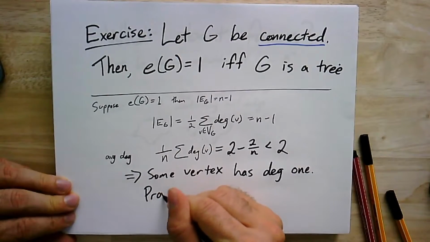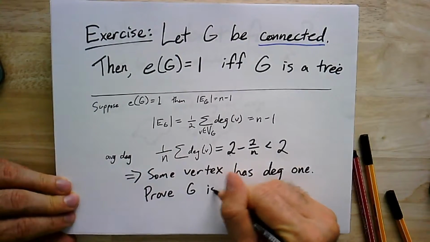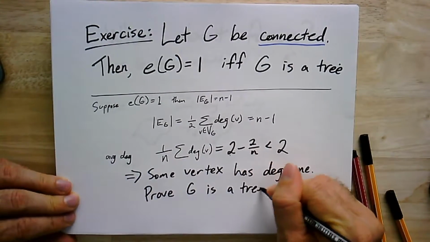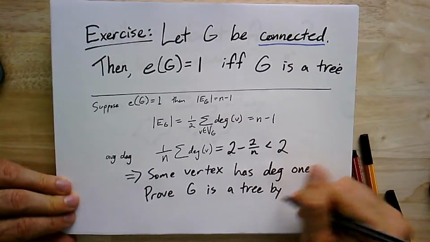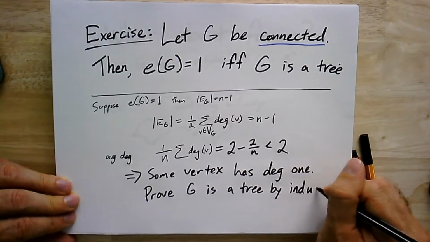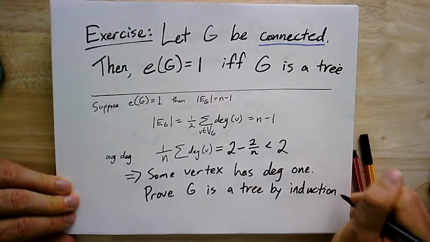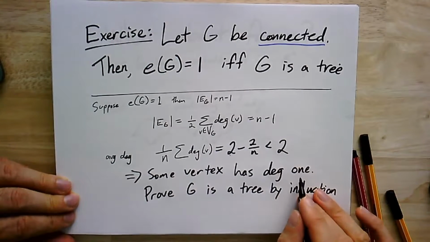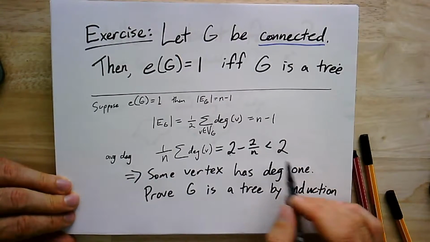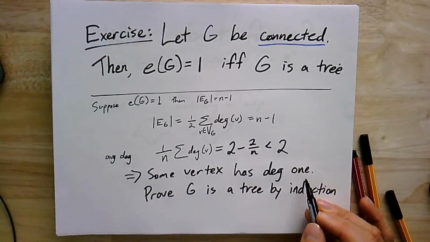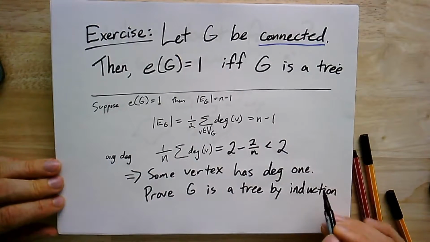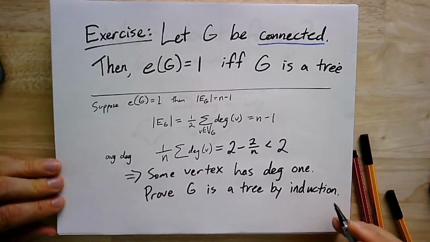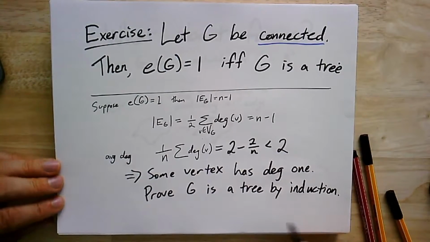You could prove that G is a tree by induction, right? And the induction would just be by removing this one leaf. The result removes one vertex, one edge. E of G minus this leaf is still 1. So that's a tree. And then you've just added a leaf onto a tree. It continues to be a tree.